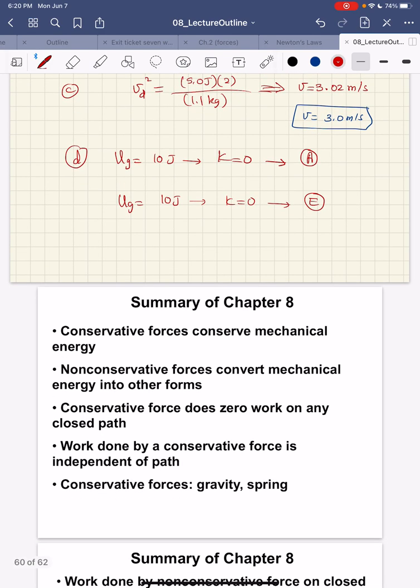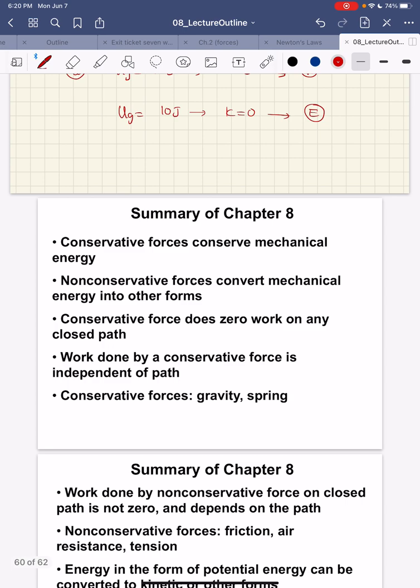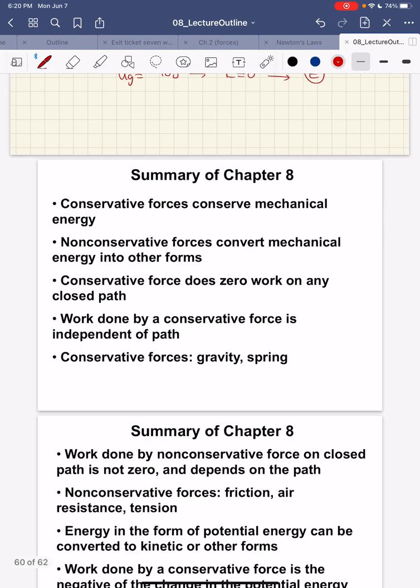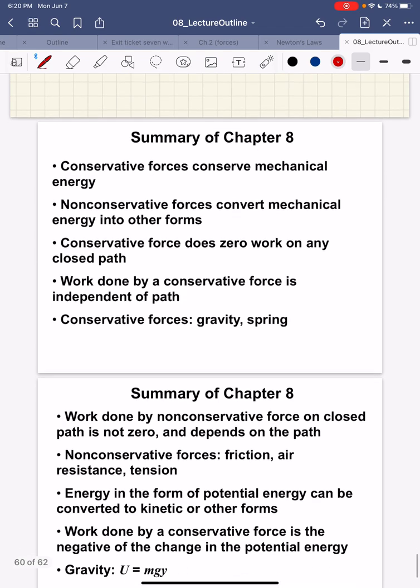This is the summary of chapter 8. Conservative forces conserve mechanical energy. Non-conservative forces convert mechanical energy into other forms that we cannot reuse again. A conservative force does zero work on any closed path. Work done by a conservative force is independent of the path.